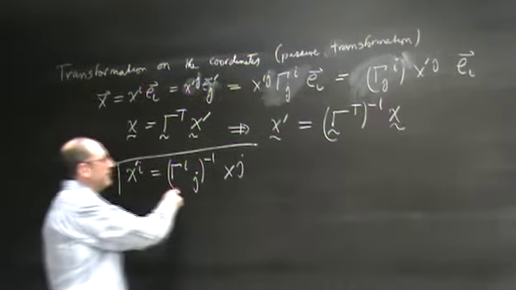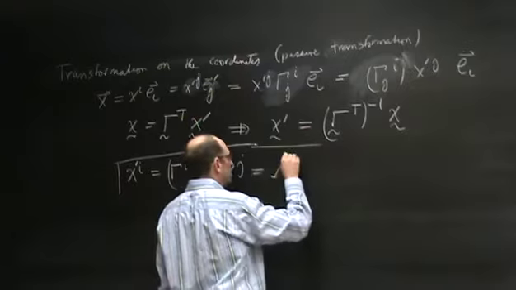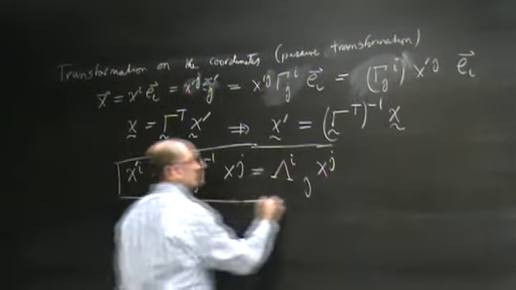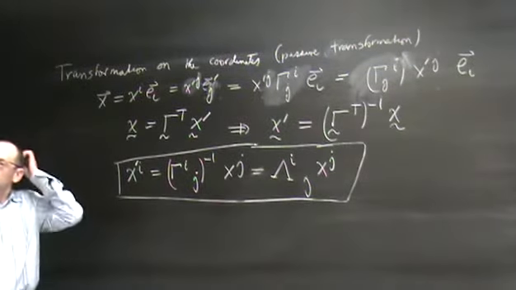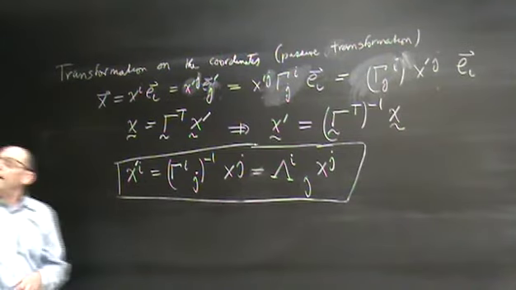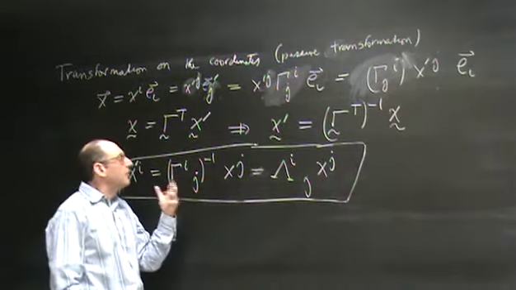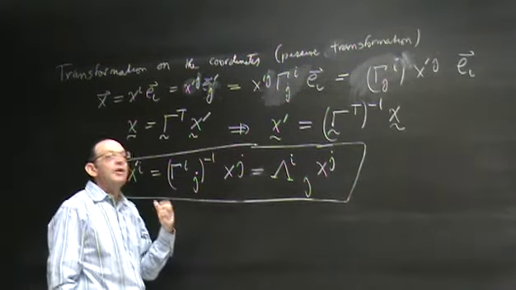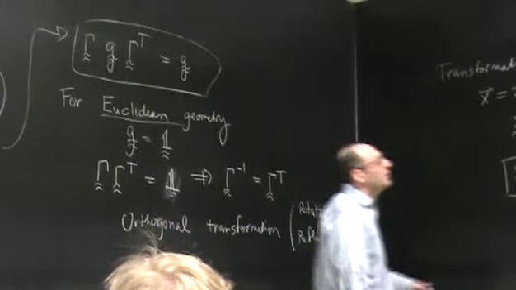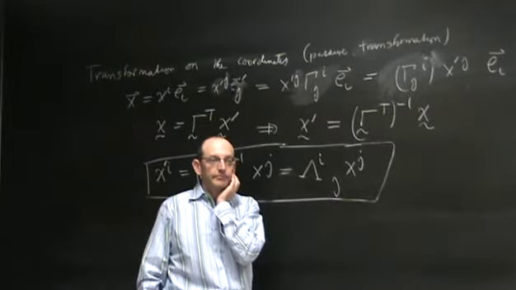Now this inverse transpose matrix we call lambda. So the basis vectors and the coordinates don't generally transform the same. One transforms according to gamma, the other according to lambda, and they are related: one is the inverse transpose of the other.